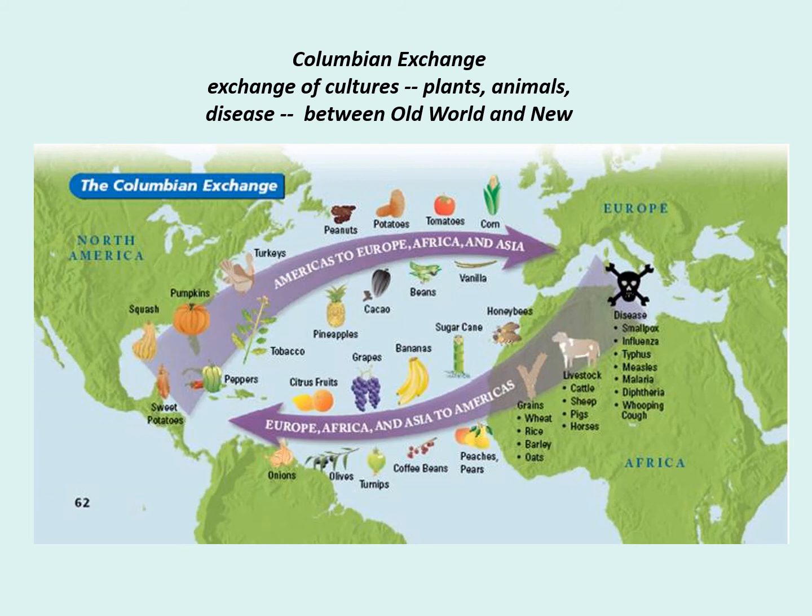But there was a dark side to the Columbian exchange. The European explorers unknowingly brought diseases to the New World against which the natives had no immunities. Diseases that Europeans had immunities to, they often would suffer the illness but not die. The natives had never had any contact with those germs before.